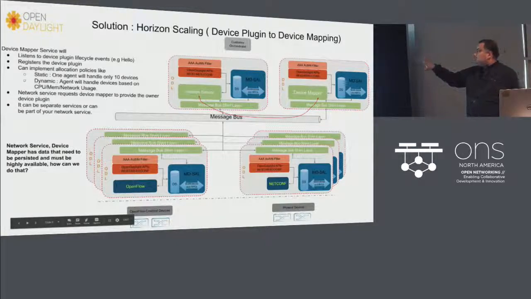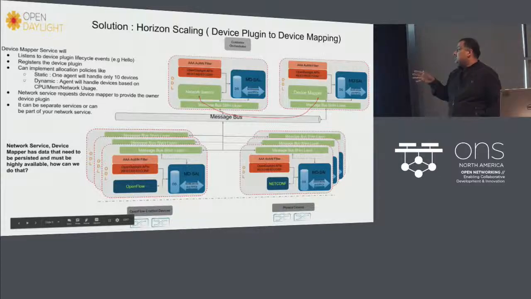Now, the workload management. How do you know how many devices this particular agent is going to manage? You can impose static policies, saying, okay, if it's NETCONF, I don't want this agent to handle more than 50 devices, or if it's an OpenFlow plugin, 100 devices or less. You can also apply dynamic policies.